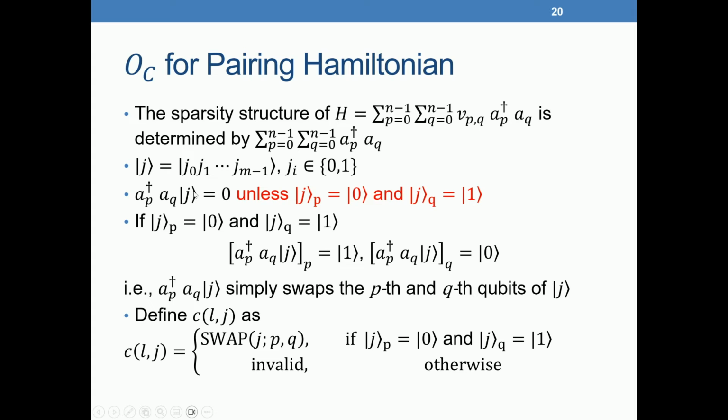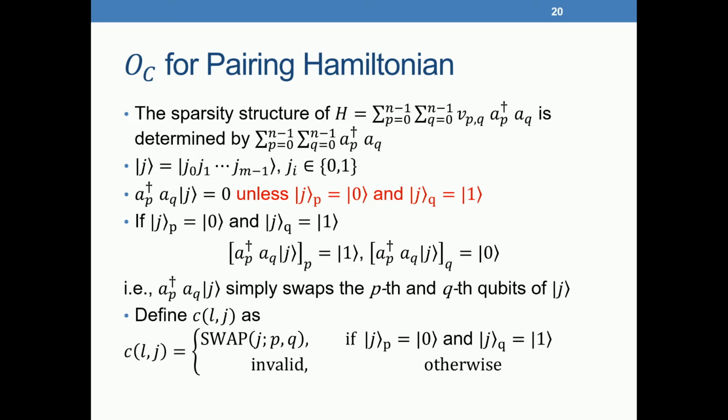And then you see that this pair of creation annihilation operators applied to a column J cat is 0 in most cases, unless the pth bit of J is 0 and the qth bit of J is 1. So you can't create anything if something's already there, and you can't annihilate something if there's 0 there, and that's basically the definition of the creation annihilation operator.